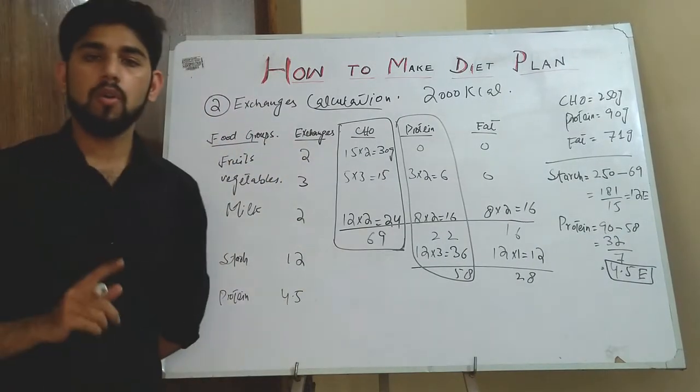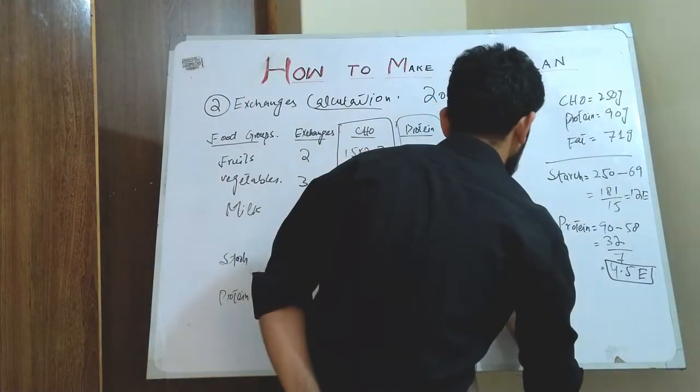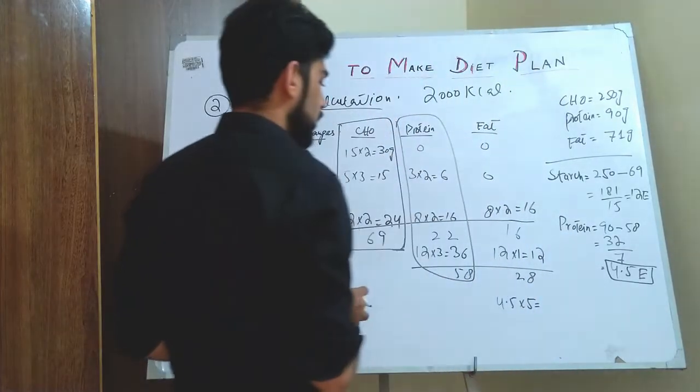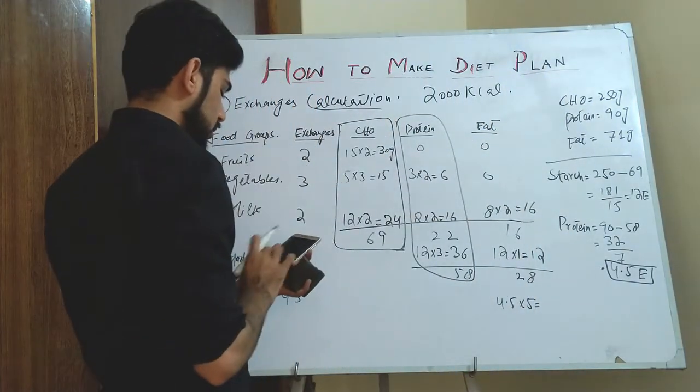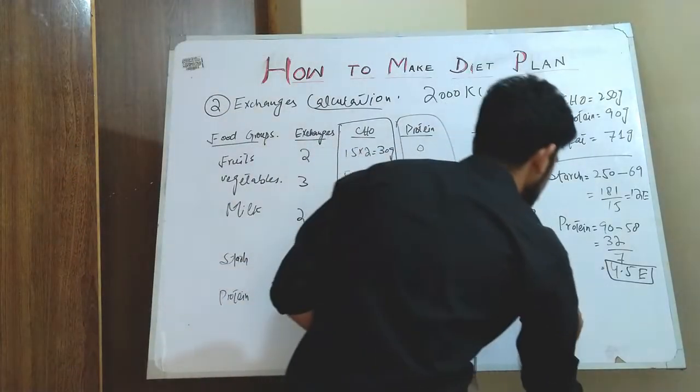And one exchange of protein gives you 5 gram fat. I'll multiply 4.5 with 5, and it comes 22.5.